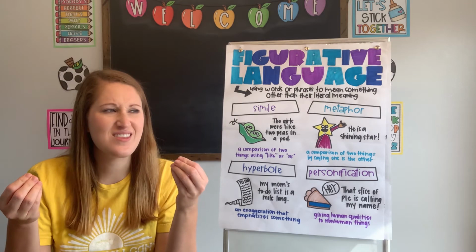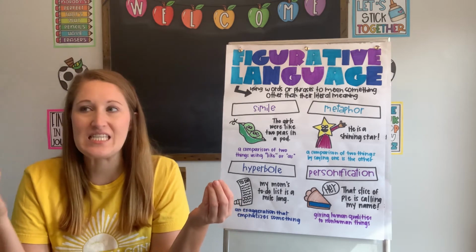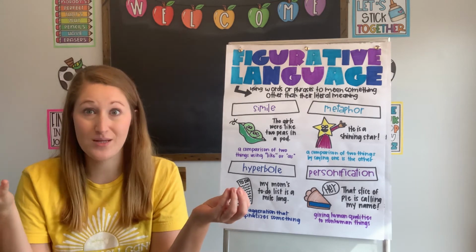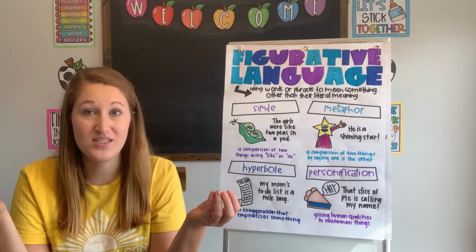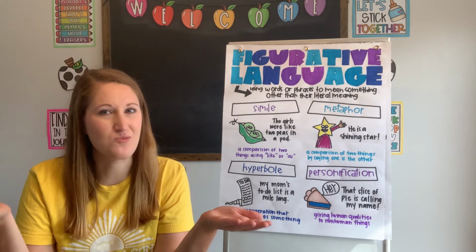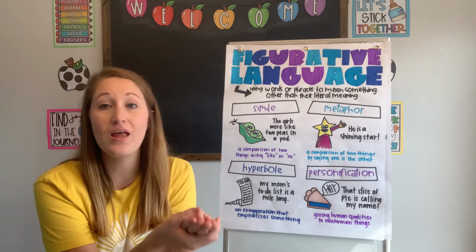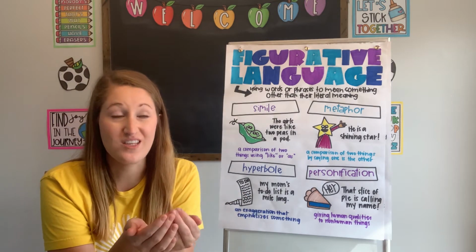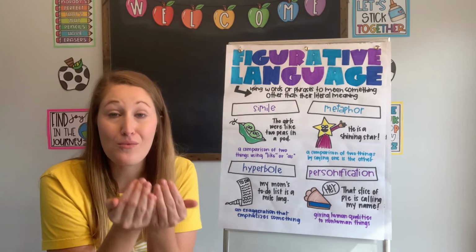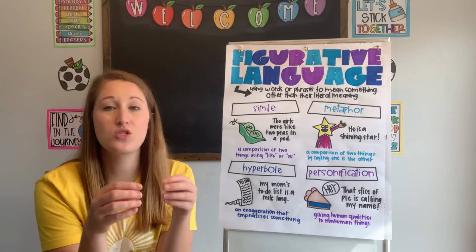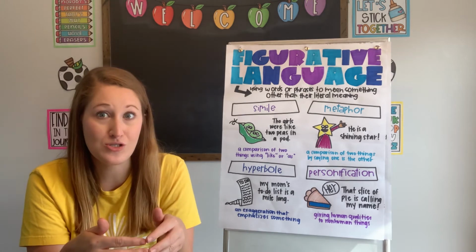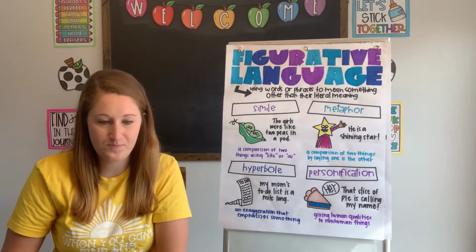We know that the tiger's roar probably isn't as loud as thunder because thunder can be heard for miles sometimes. We really can't hear a tiger's roar that loud, but we're comparing that noise to show just how loud that tiger's roar was. It wasn't just kind of loud, it was really, really loud, right? So we're showing some of that exaggeration in that sentence. Very good.